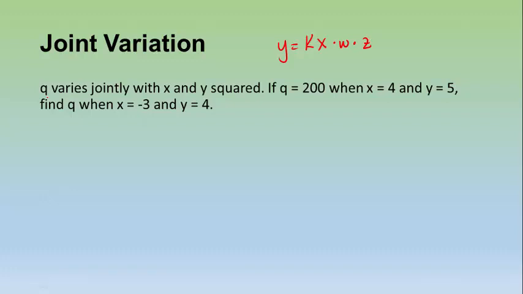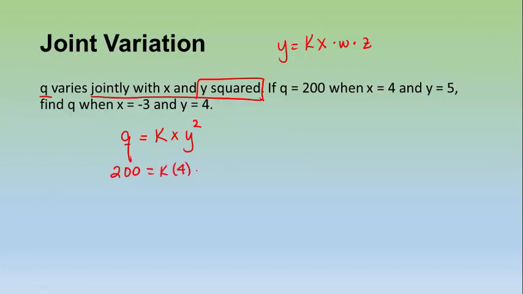If q varies jointly with x and y squared, that's different. So q is varying jointly, so I'll put in my constant of variation with x and y squared. Now I'm going to set it up that q equals 200 when x equals 4 and y equals 5.